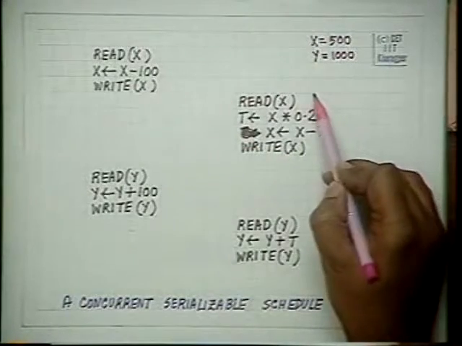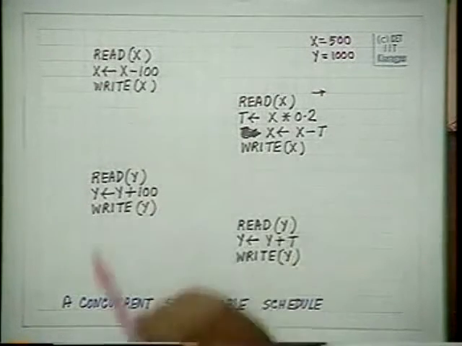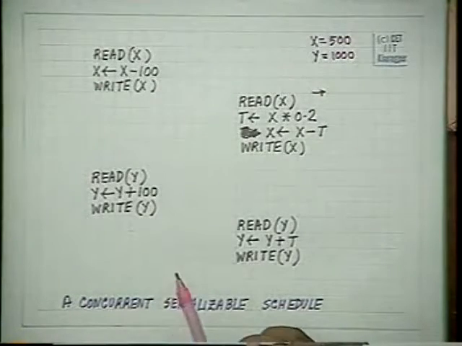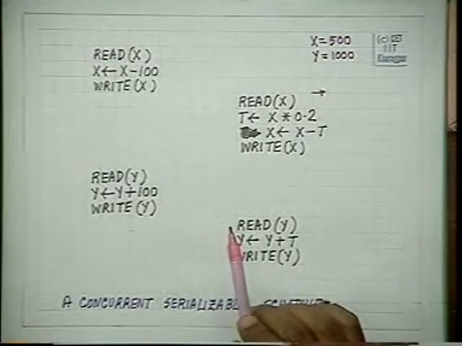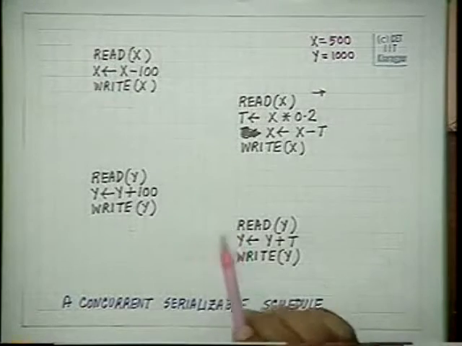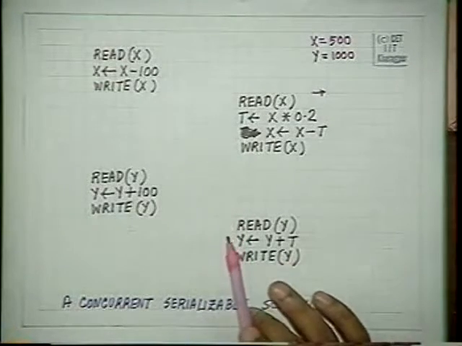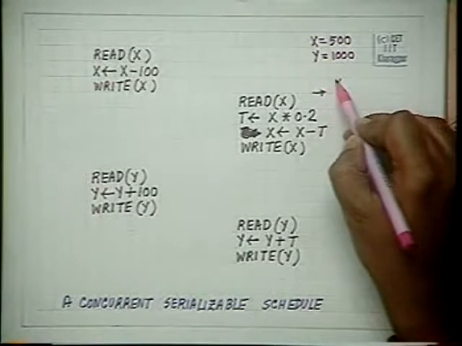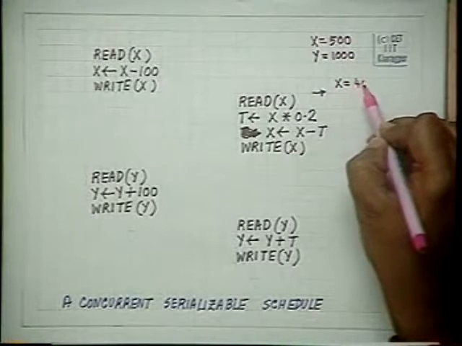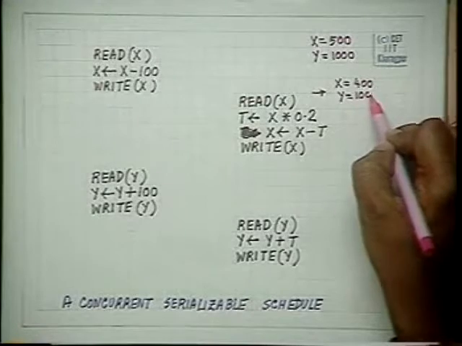Then at this point of time, after the write operation is done, by the way, I would just like to mention that we are not considering failure at this particular point of time. We are assuming that there is no failure. We are just discussing the issues relating to concurrency. So at this point, x will be 400 and y will be 1000.